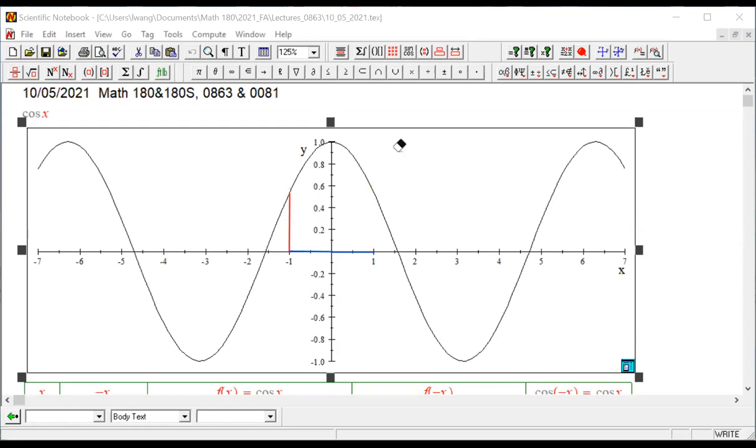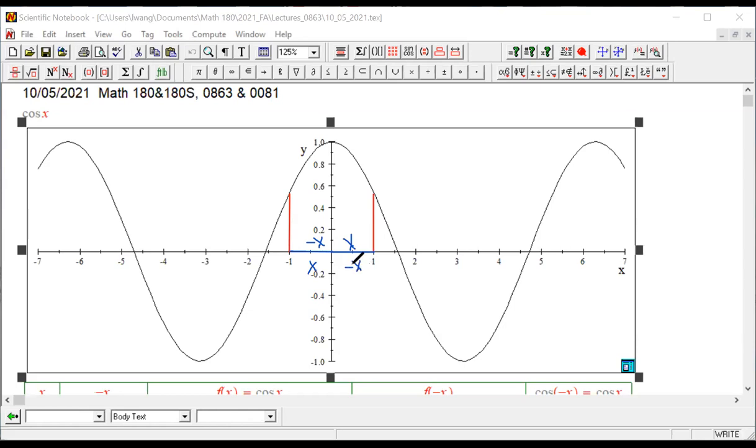My drawing is not that good. When the inputs are opposite to each other, if this is x and that's negative x, do you guys follow me?